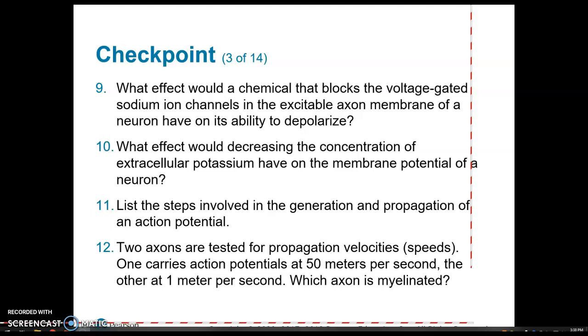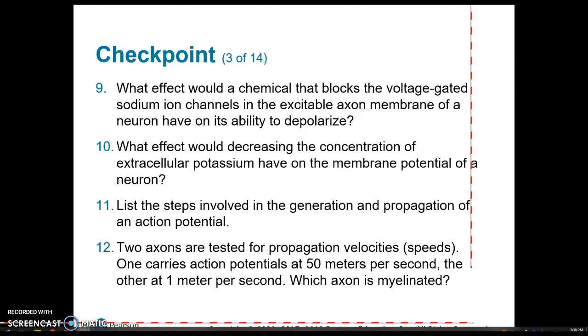Sodium coming into the cell causes it to depolarize. So a chemical that blocks the voltage-gated sodium channels is going to block the entrance of sodium into the cell. So that's going to prevent it from depolarizing. It's going to have a negative effect on its ability to depolarize.